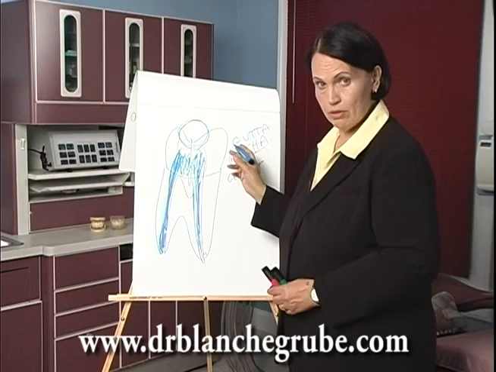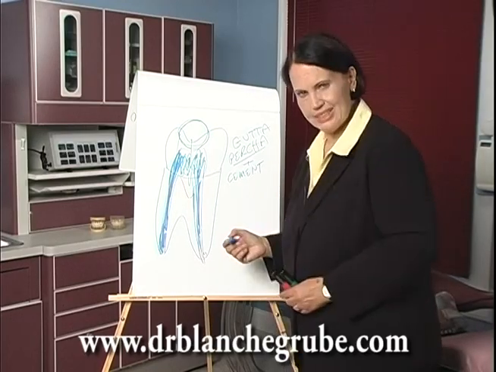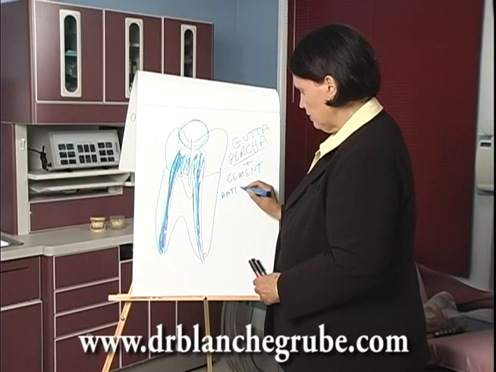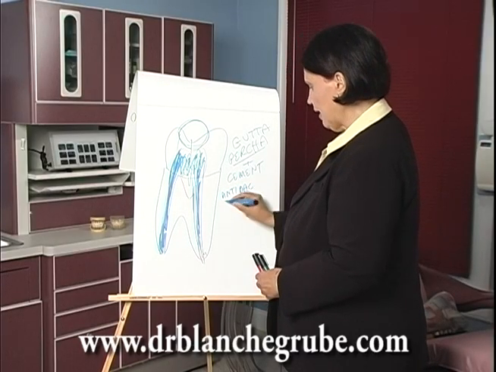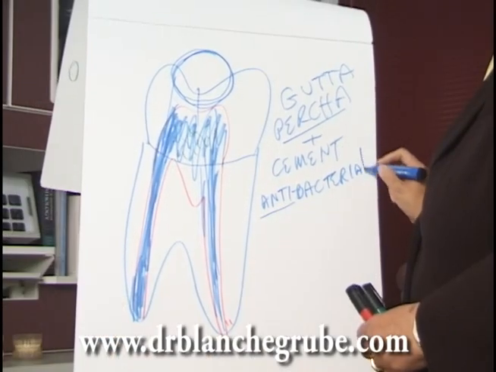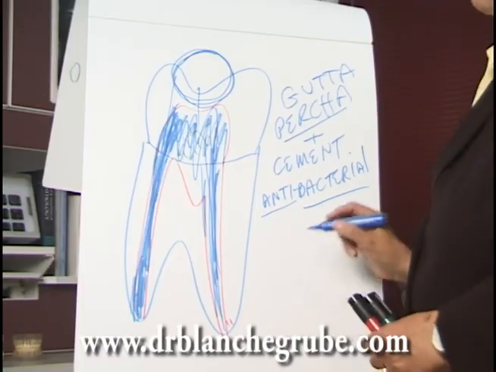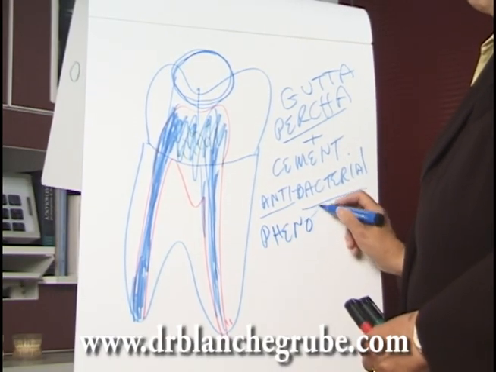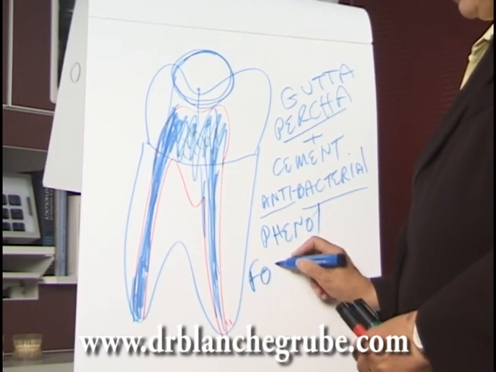So we have rubber and cement. Well, what's inside the cement? Well, some antibacterial. That's good. Anti means against. Bacterial means bacteria, against bugs, right? There's also something called phenol and formaldehyde.